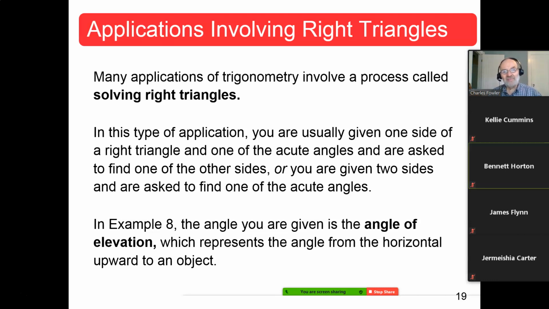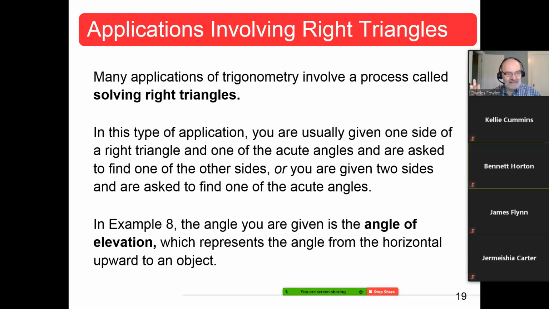Because you know one of the angles, if it's a right triangle, is going to be a 90-degree angle. So you're already given that one too, because everybody knows it's a right triangle. But then you're given one acute angle and one side. You're asked to find one of the other sides. Or you're given two sides and are asked to find one of the acute angles. Something like that.